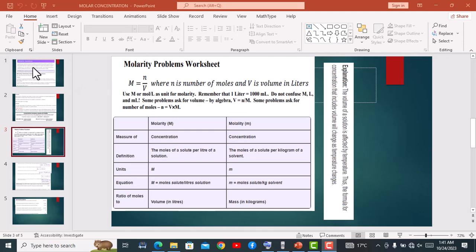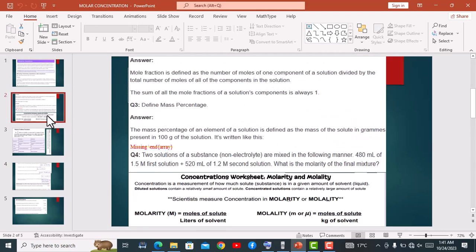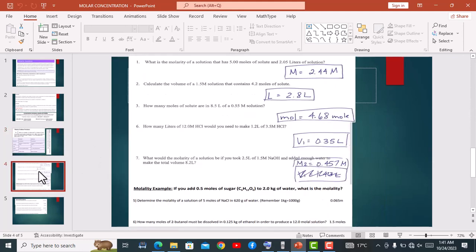We are just taking the number of moles and dividing that by molarity. This is something very simple to be done.